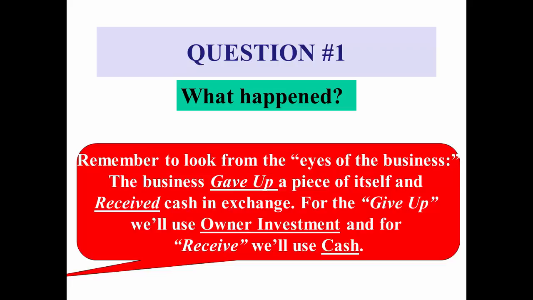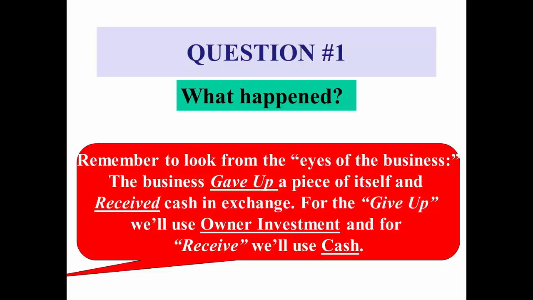Rather than try to understand the business giving up a piece of itself, which could be confusing, we're just going to put the words owner investment for what it gave up, and for the receive, we'll use cash.